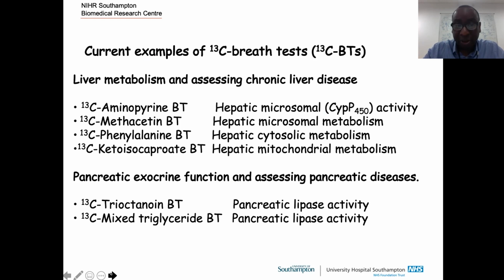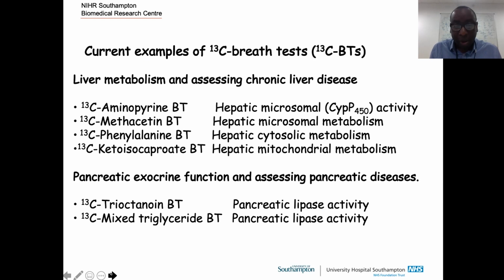Similarly, the 13C methacetin is used in microsomal metabolism as well. And the phenylalanine breath test is used to look at the cytosol of hepatocytes, which is thought to be involved in fatty liver disease, both alcoholic fatty liver disease and non-alcoholic fatty liver disease. And finally, the 13C ketoisocaproate breath test is used to look at hepatic mitochondrial metabolism.